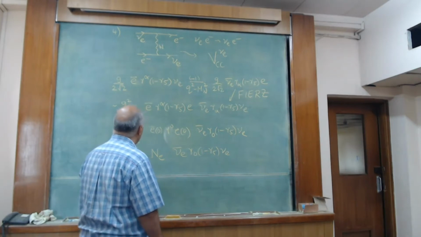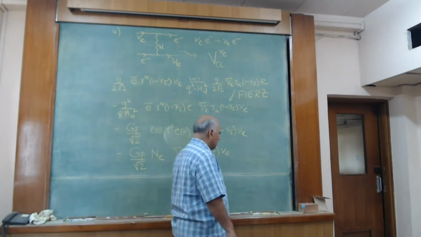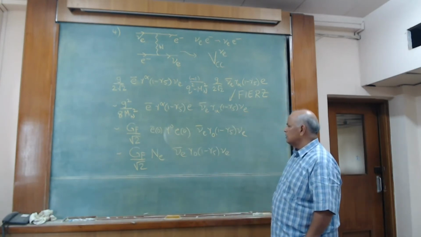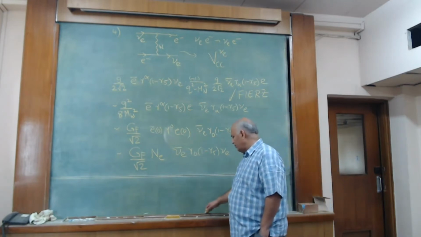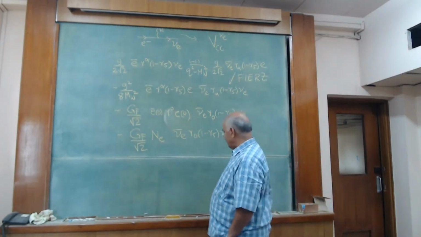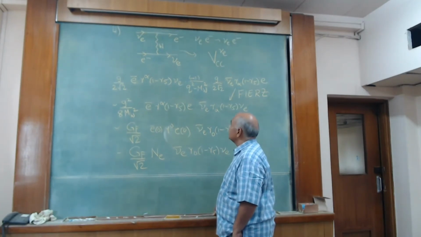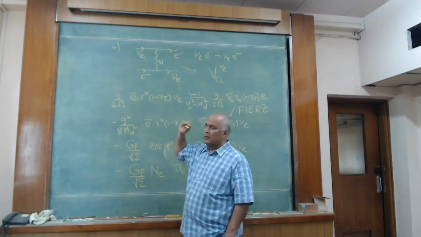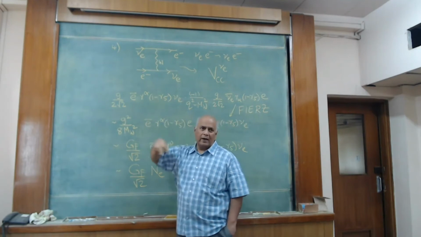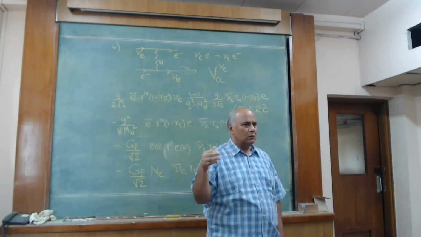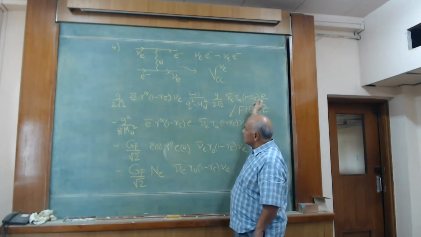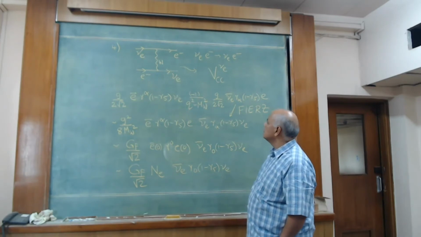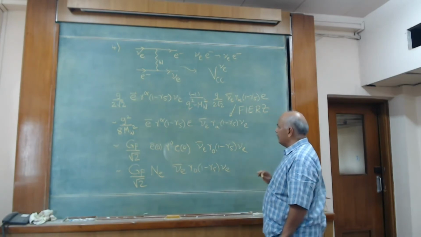I am missing a factor of 2 somewhere. I am not able to see where it is. One thing you notice is that these G's are dimensionless, and these fields have mass dimension 3 by 2. So there are 6 fields. Okay, I have to be a little careful.